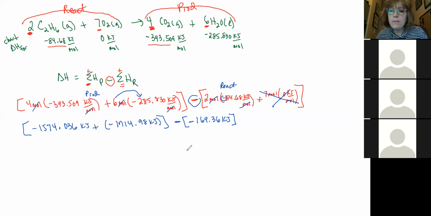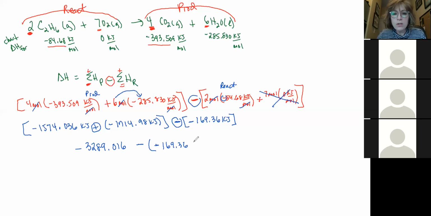Ivy, you doing okay? Yes, ma'am. All right, now you got to make sure you subtract the negative. So now we're just going to do the math. We're going to add these two together because we're adding. So negative 1574.036 plus a negative 1714.98 gives me a negative 3289.016. Subtract. What are we subtracting? A negative 169.36.